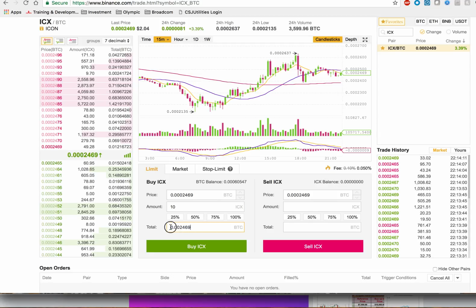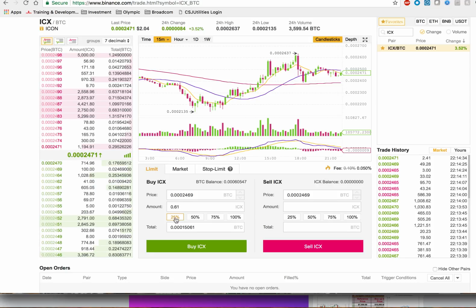It will tell you what the total BTC value is. The good thing is they have a feature where, whatever Bitcoin you hold, you can buy 25% of that value. That means 25% of your BTC holding will be converted into ICX. So get familiar with this.